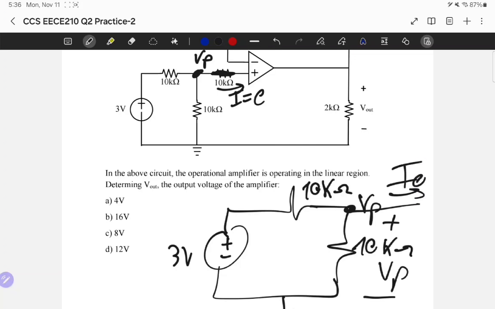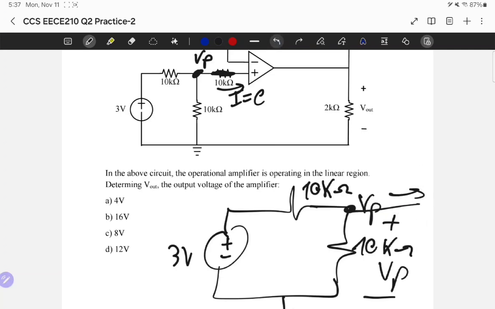Because current right here is 0. I equals 0, so this branch doesn't even exist, so I can neglect it. This is a connecting wire, and it goes to nowhere. The current is 0, so there's an open circuit in here. Current can't pass through here, so I can ignore this.